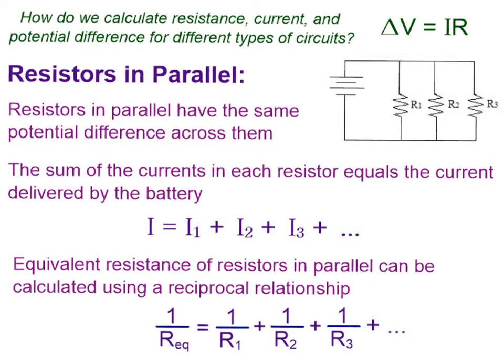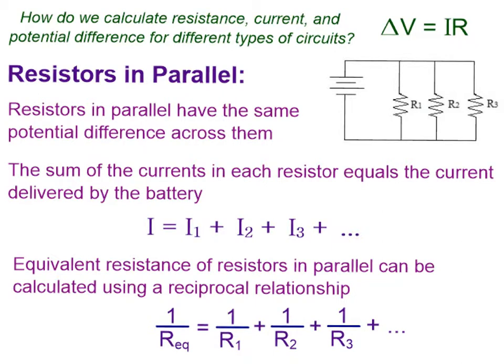So now let's take a look at resistors in parallel. Resistors in parallel are going to be arranged like this. They have multiple paths, and they are going to have the same potential difference across each of them. That is different from our resistors in series.